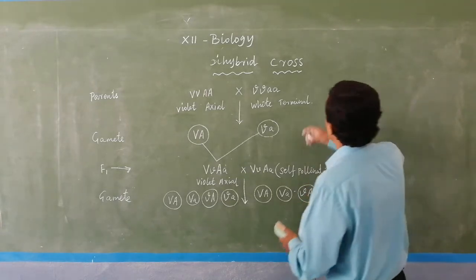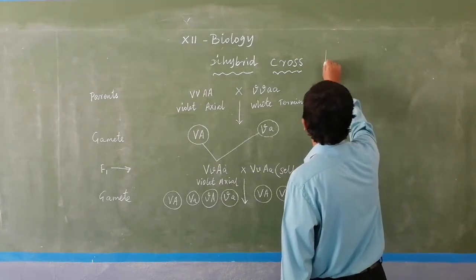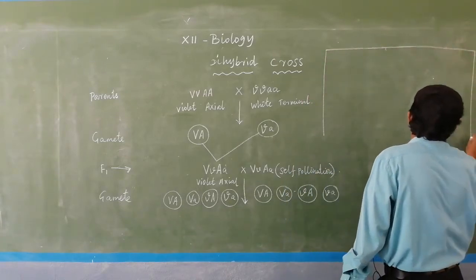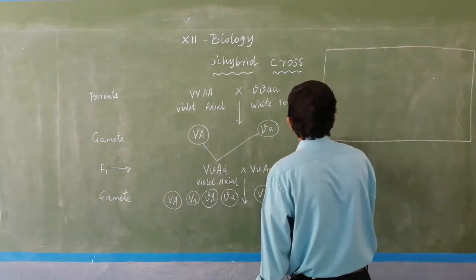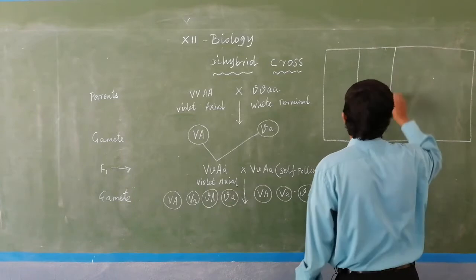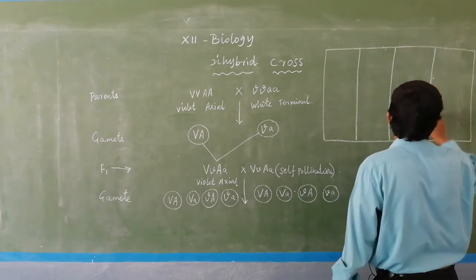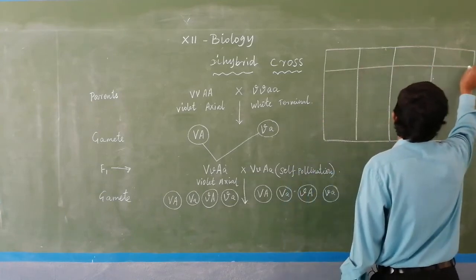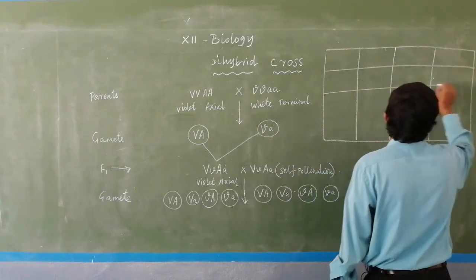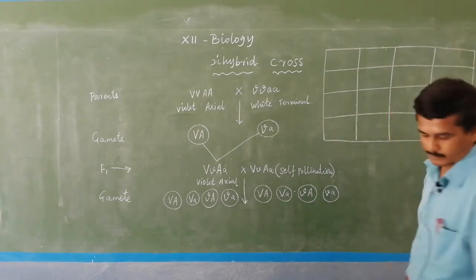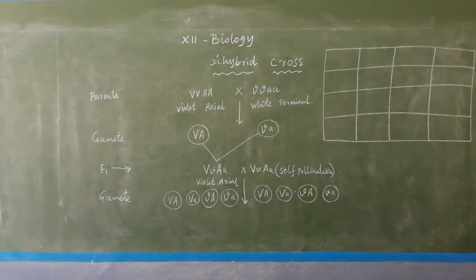Then you put a Punnett square. Draw the Punnett square.